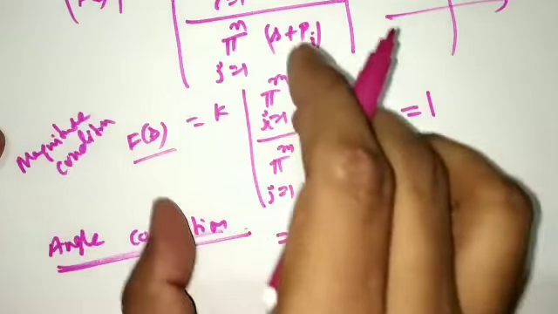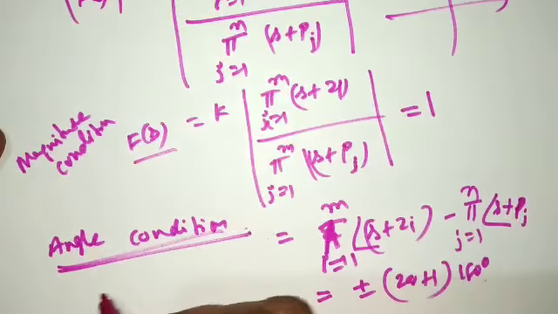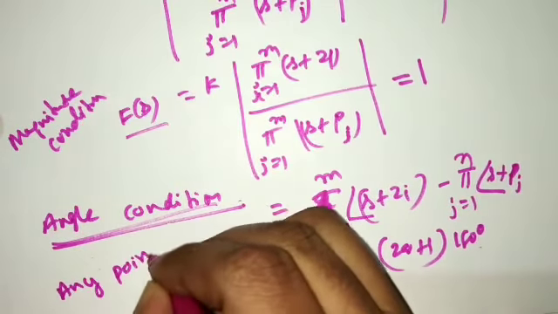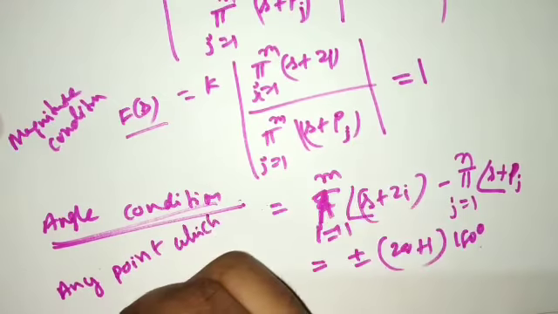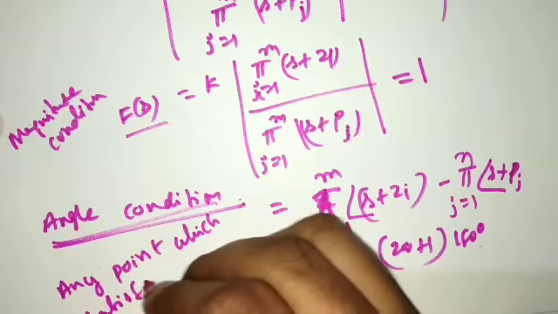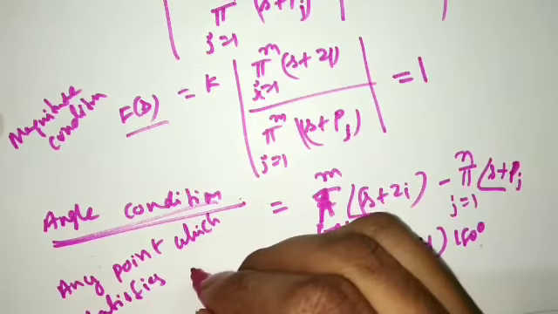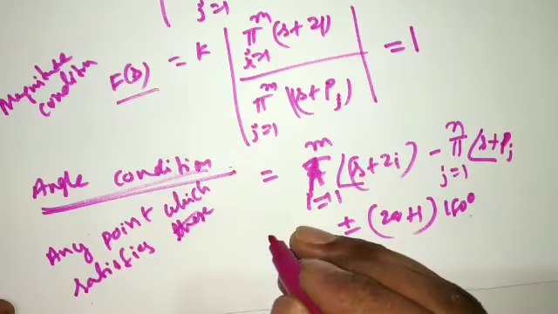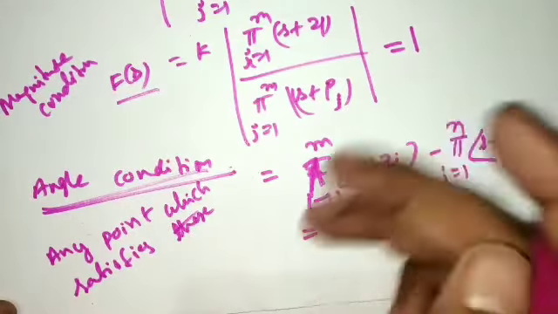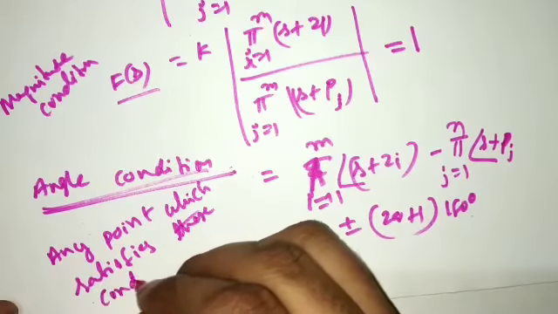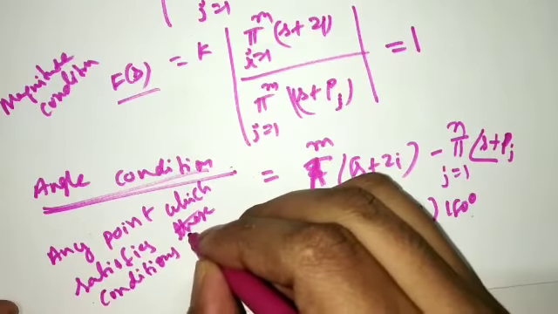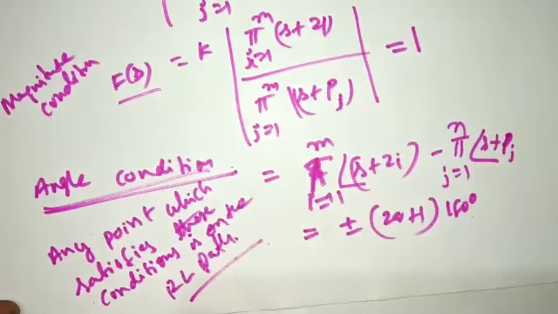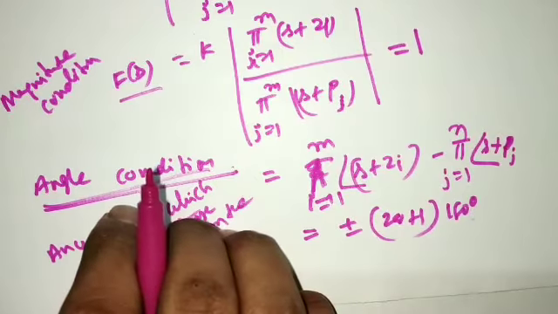If these conditions are satisfied, the point is on the root locus path.